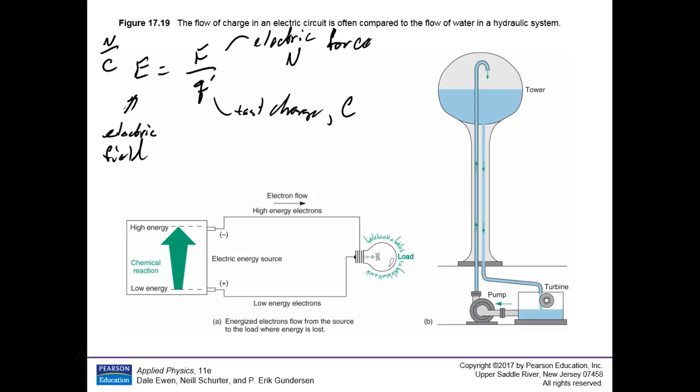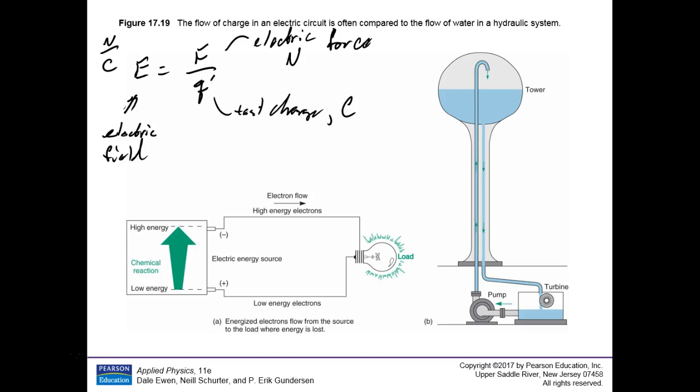Now, later we'll see another definition of that with different units, but they work out to be the same. Remember earlier I told you the difference between vectors and scalars?